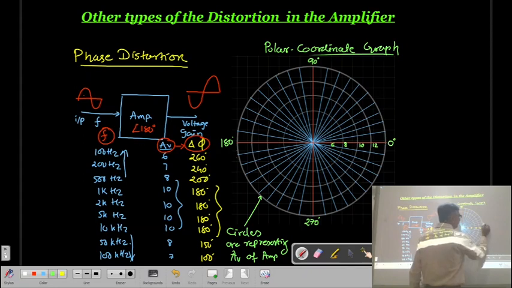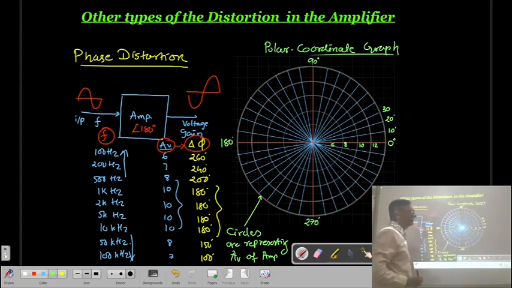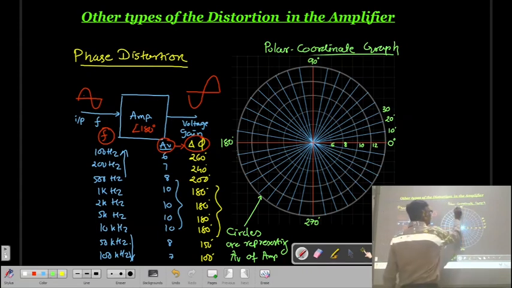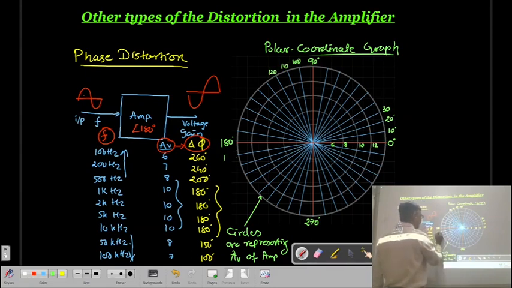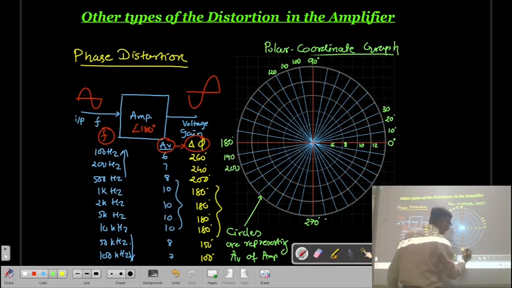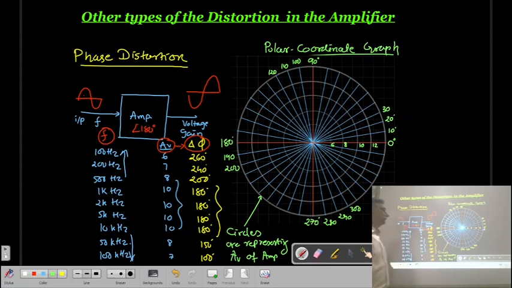So if this is 0 degree, this is 10, 20, 30 degree, and here you have 90 degree. Then 100, 110, 120, 180, then 190, here it is 200, this is 280, 290, this will be 300 and up to 360 degree. So this is known as a polar coordinate graph.